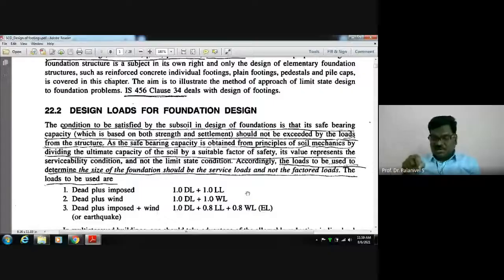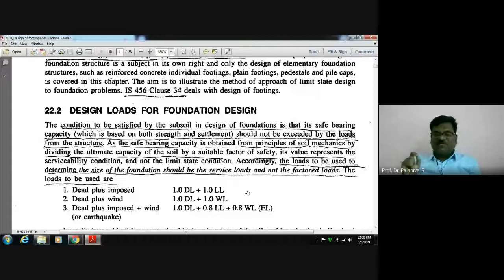In order to determine the size of footing, you have to use only the service load, the characteristic load, because the safe bearing capacity is a serviceability condition and not a limit state condition.